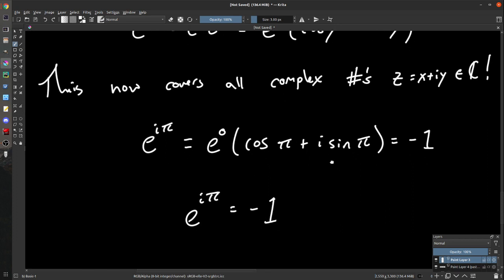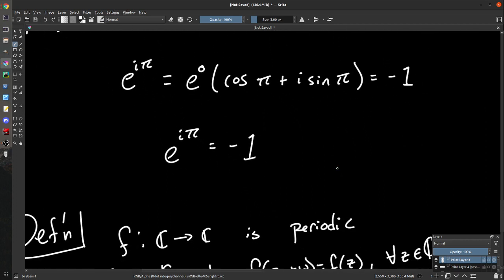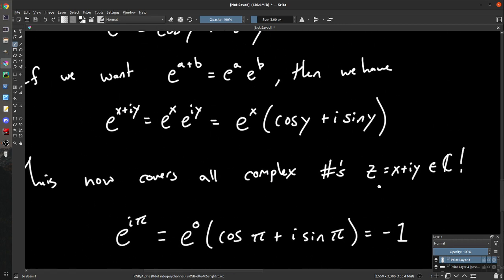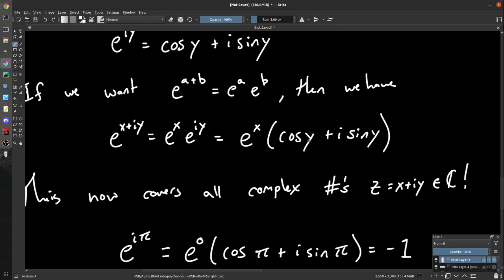So e to the z is periodic with periods, that's what these w's are, with periods of the form 2 pi n i for integers n. So multiples of 2 pi in the y slot. You can always throw that in, and you won't get anything different.